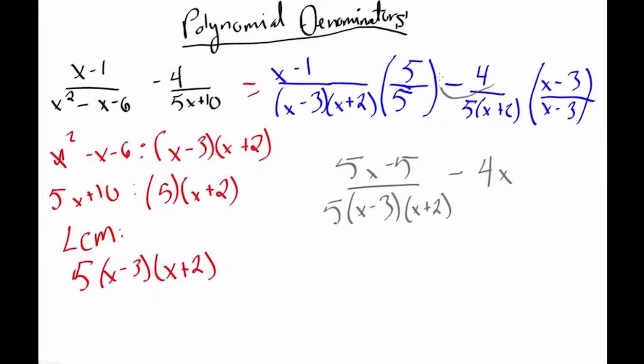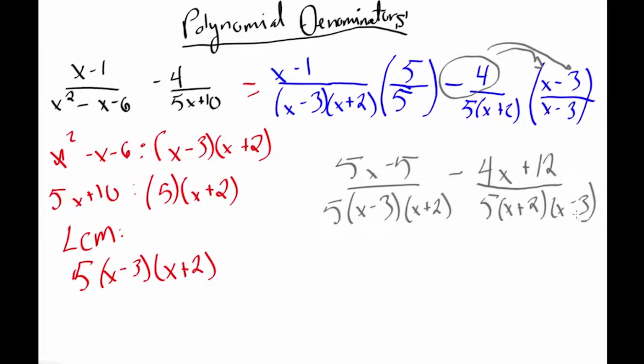Now I'm going to distribute this whole thing in to both of these terms here. So it's going to be minus 4x plus 12. Oop. Let's get rid of that and let's try that one again. There we go. Over 5x plus 2, x minus 3.